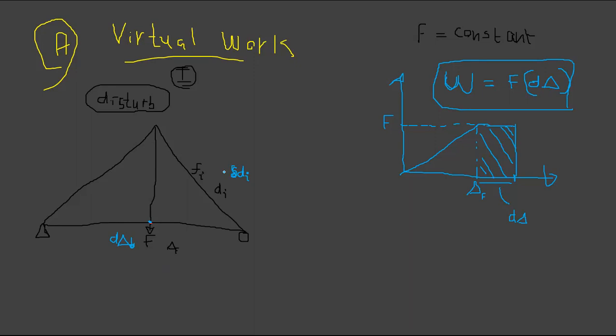So in each member, it will have additional strain energy stored, right? So how much will that be? We keep the member forces also constant. If this force Fi does not change, then the additional energy stored in each member will be Fi multiplied by the additional displacement.